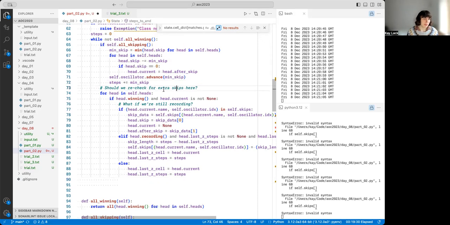So at this point, we're definitely going to have at least one head that is going to start skipping. No, at least one head that either needs to be advanced or is going to need to be stepped.